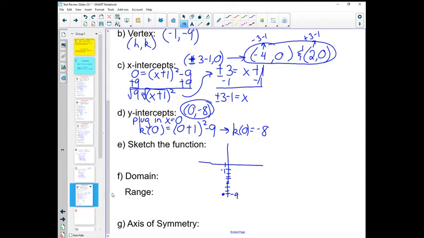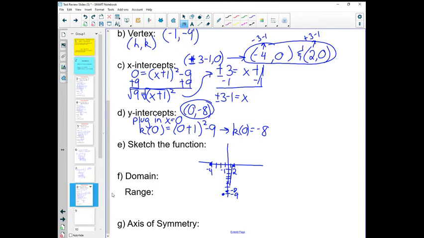The x-intercepts were at (-4, 0) along the x-axis, and (2, 0) along the x-axis. The y-intercept was at (0, -8) along the y-axis. All right, now we've got our points.